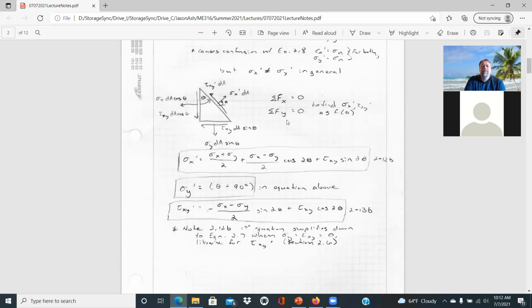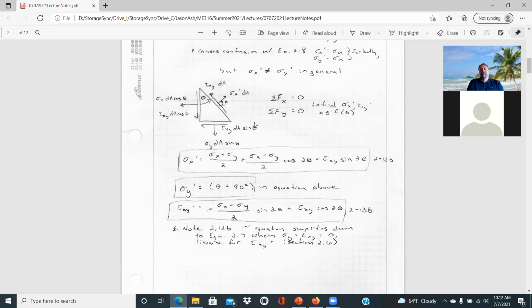And that's something you did in ME 216, and you have that relationship for sigma x prime being the sum of the two normal stresses divided by 2, plus the difference divided by 2 times cosine 2 theta, plus tau xy sine of 2 theta. That will give you the stress on the reoriented plane.